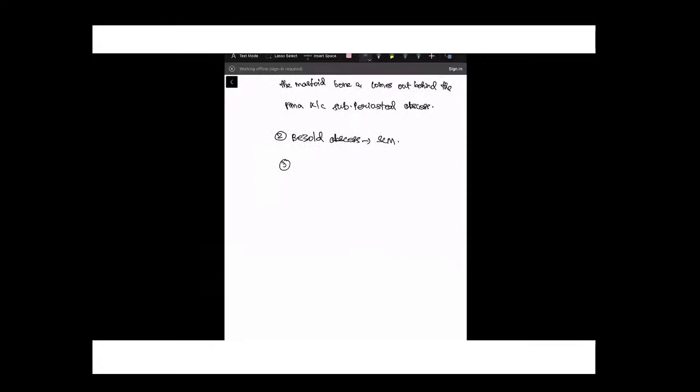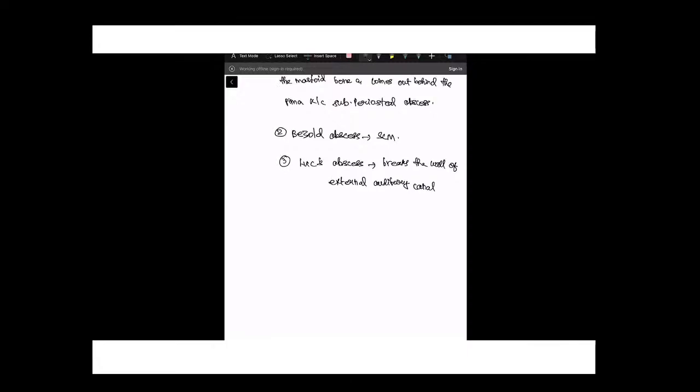Then we have Luc's abscess. If the cholesteatoma breaks the wall of the external auditory canal and forms an abscess in the external auditory canal, it is called as Luc's abscess.